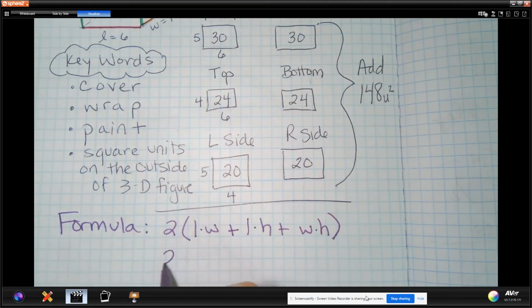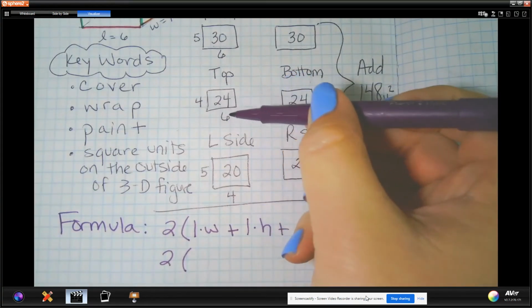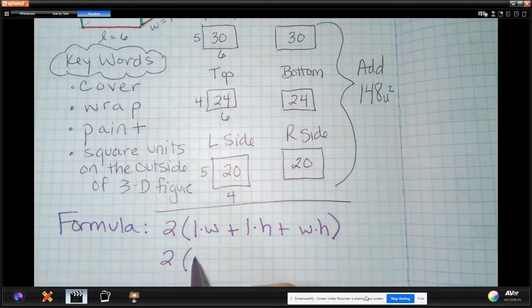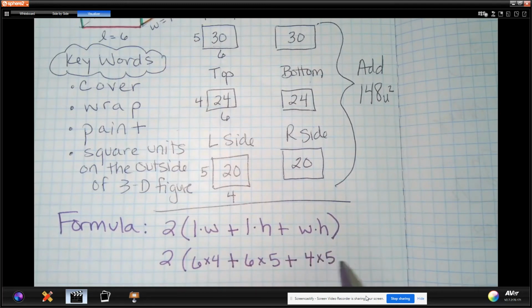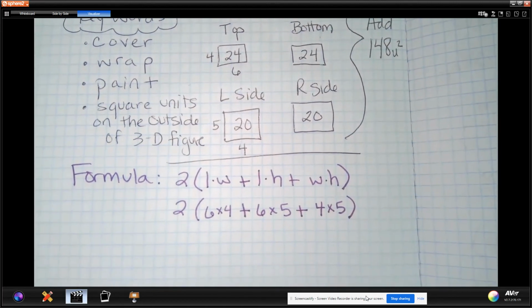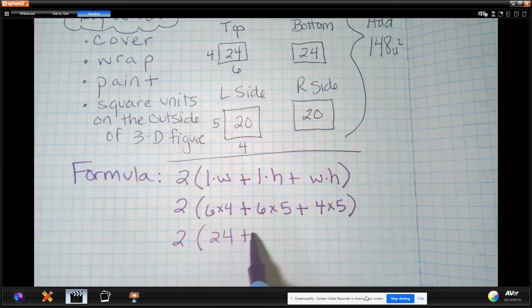I have 2 of, so length and width, I guess is actually this one first. 6 times 4 plus, and I have 6 times 5 plus 5 times 4 or 4 times 5. The order doesn't matter. Remember, it's commutative. So the shortcut here with the formula, I'm going to double 24 plus 30 plus 20.